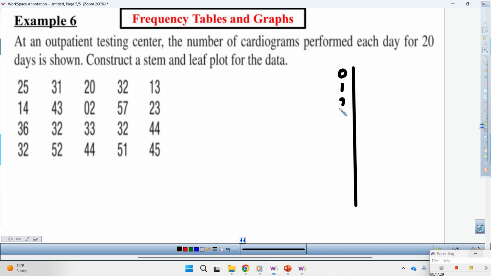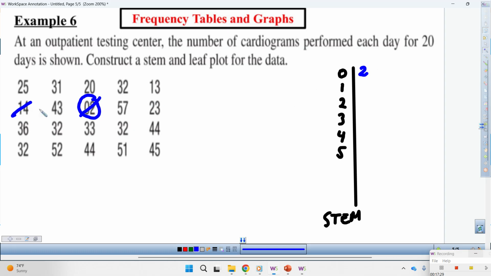Look up. So I'm going to do the next thing. 0, 1, 2, 3, 4, 5. Write that down, please. And we're going to start creating our leaves. So this is called the stem. The line is called the stem. Now we're going to create our leaves. Here we go. First value is 02. Cross it out from your data. And it's represented like this. 0, 2. Is there any others on the 0 position? No? Okay, let's go to the 10s.